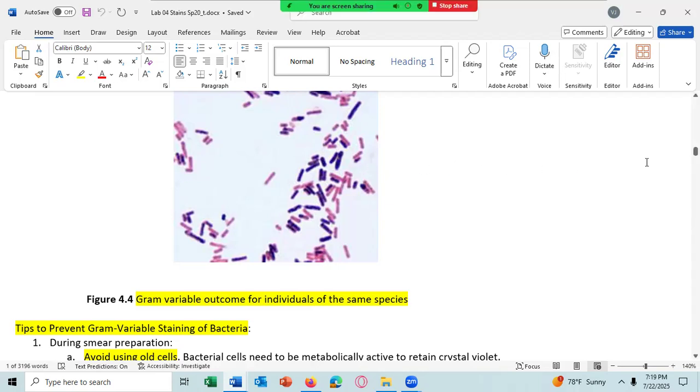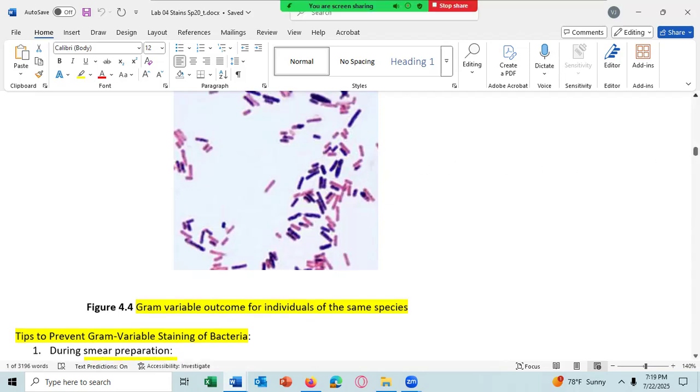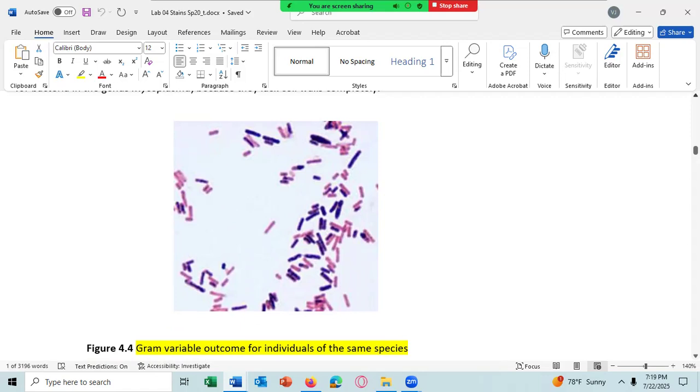Usually the Mycobacterium are called gram positive because they stain with the crystal violet iodine complex and it's retained by the cell wall, but they do not stain as well as other gram-positive bacteria.